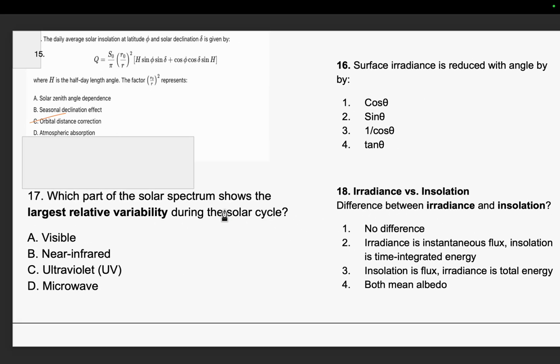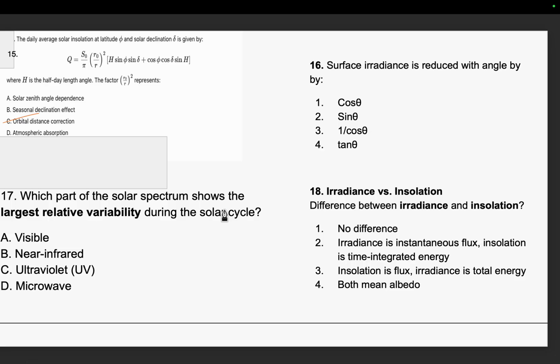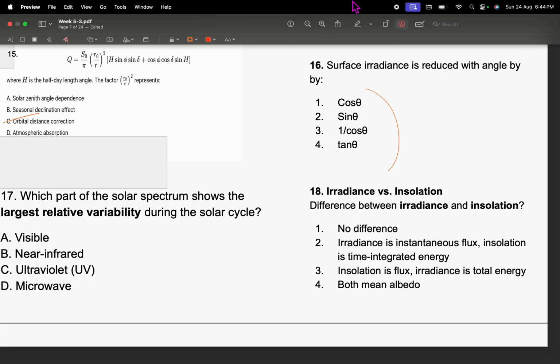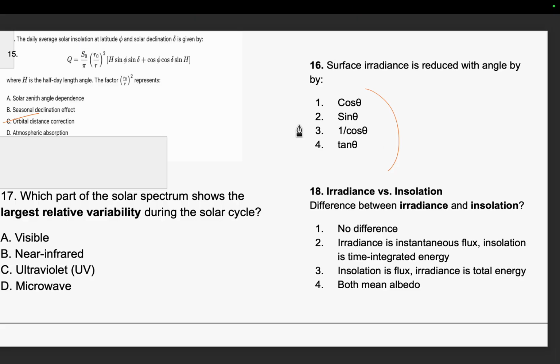Now question 16. The surface irradiance is reduced with angle by what trigonometric factor?